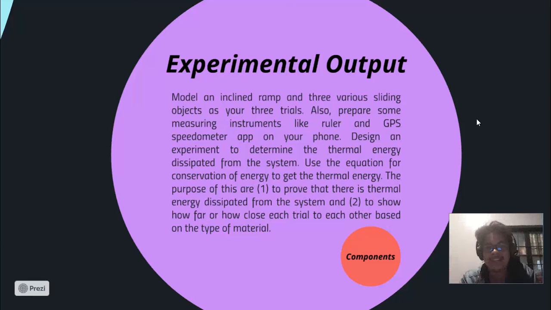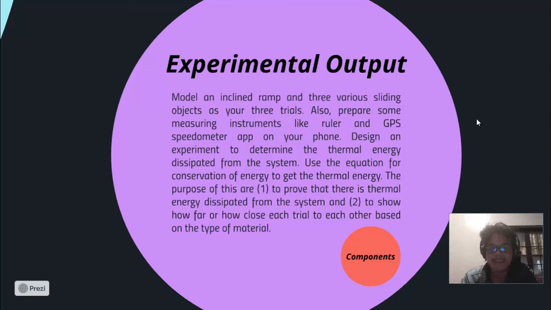So alamin nyo lang kung may impact ba yung klase ng material sa dissipated energy. You will know. This is also part of our learning outcomes, learning outcome number 2. You will experience it first hand.